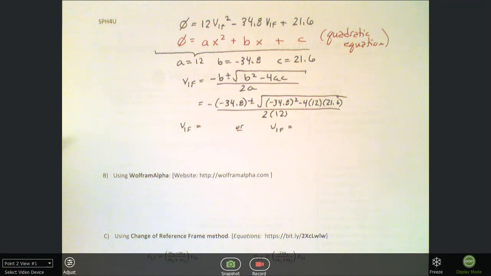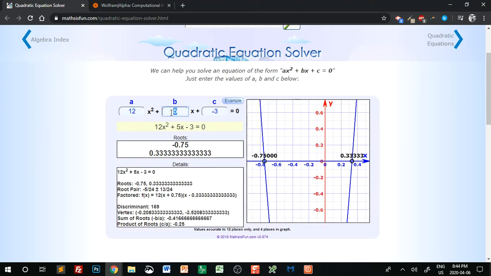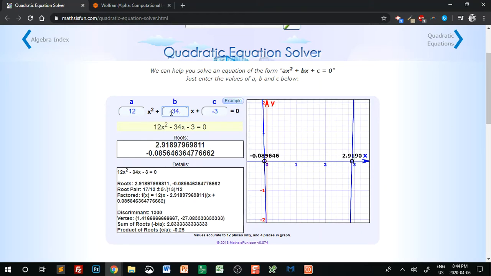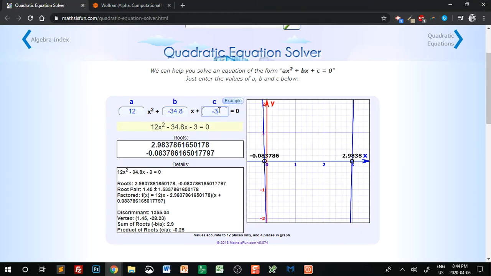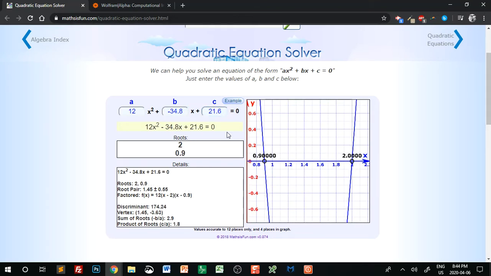What you could do is Google very quickly something called a quadratic equation solver. And for the quadratic equation solver, you just put in your a term, your b term, and your c term, and you get the two roots. So one root is 2 meters per second and the second one is 0.9 meters per second. Those are your two roots.